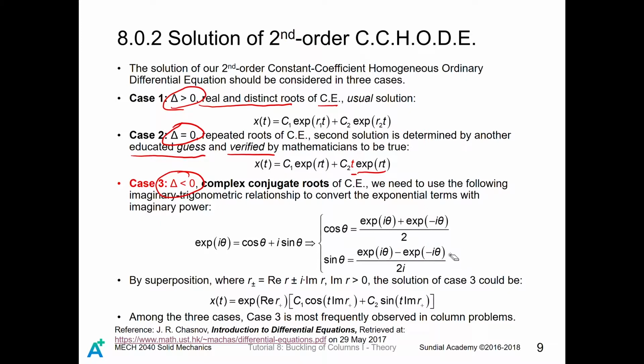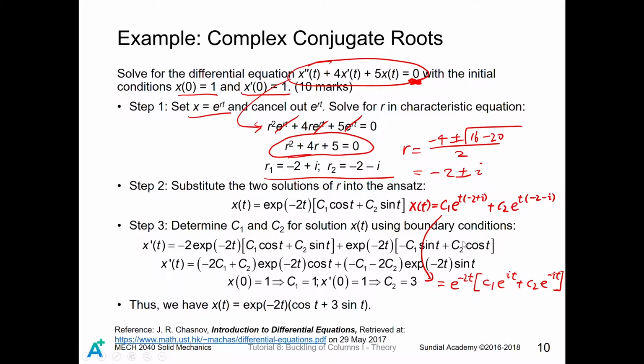So here we are just doing another round of superposition and rewriting our solution to be more beautiful. Here we have e to the power it and e to the power minus it. So what we can do is rewrite it as e to the power minus 2t, c1 cosine t plus c2 sine t.